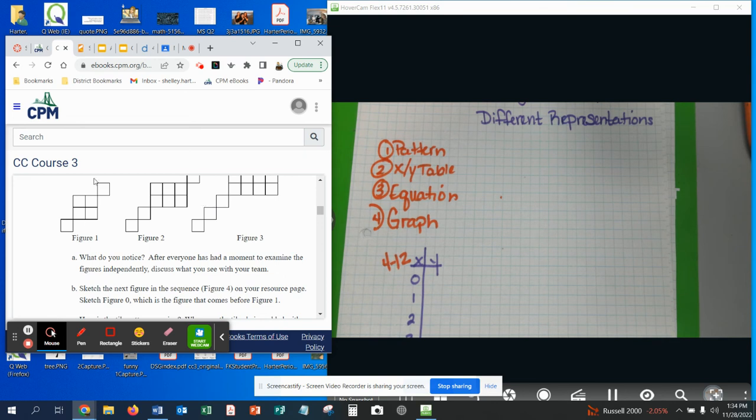Remember, we're counting the squares. Good. Do you have your ebook up? Can you get your ebook up? Perfect. Who's got figure number 2? Riley. Good. Who's got figure 3? Wyatt. Take a minute and count those.